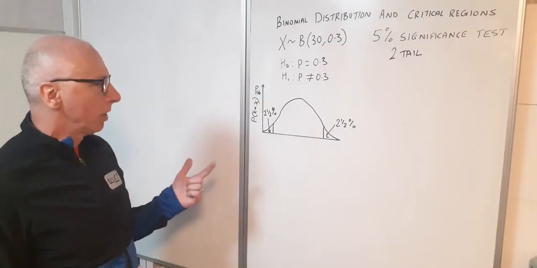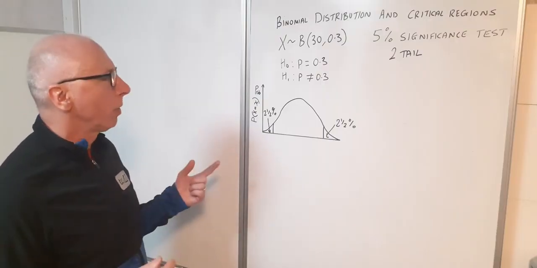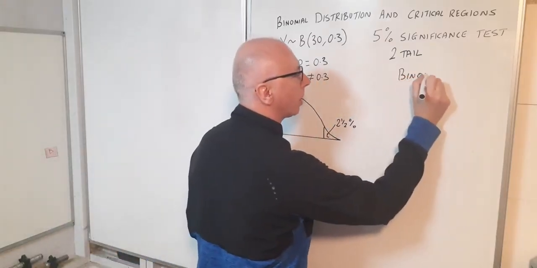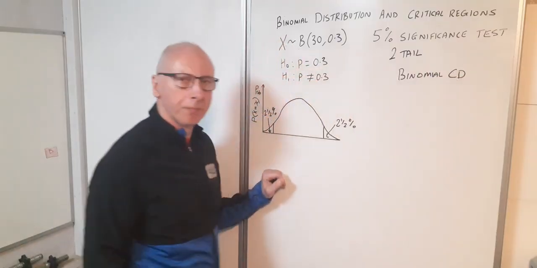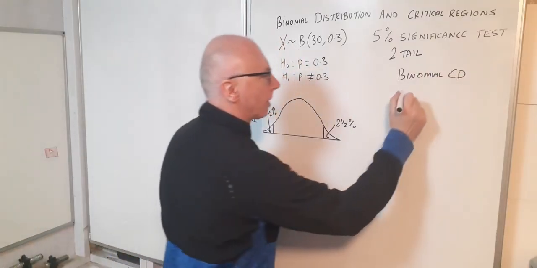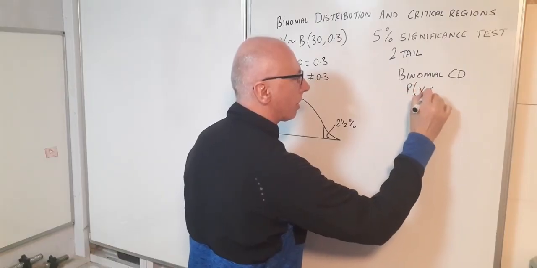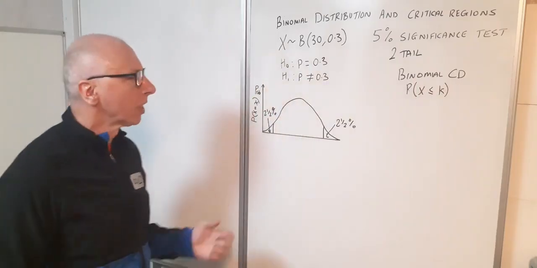So now what we need to do is to set up our test statistic. So what we need to do is use the binomial cumulative distribution. So that will give you probability X is less than or equal to some value k, for example.